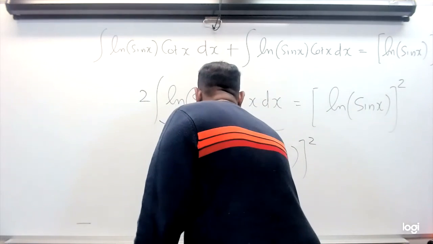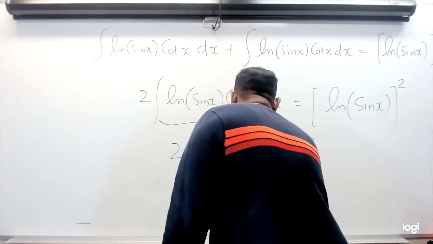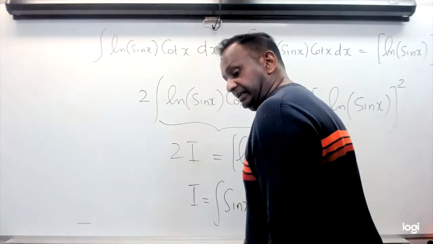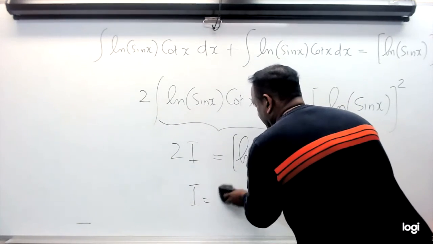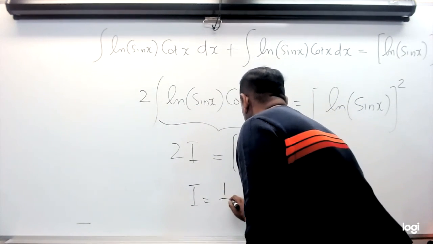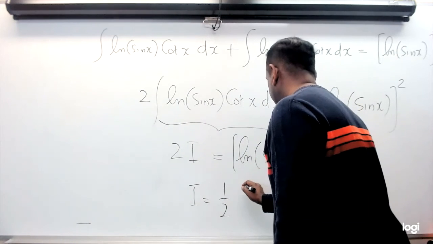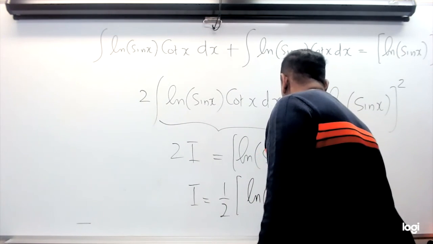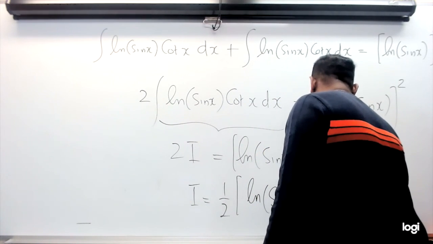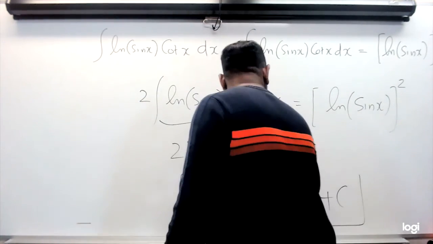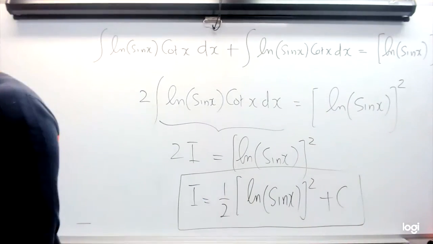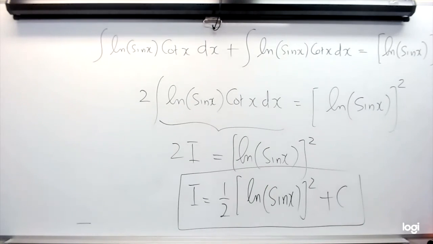Then I, which is integral ln sine x cot x dx, or you can simply say, you don't have to write this, I equals ln sine x squared divided by 2 plus c.